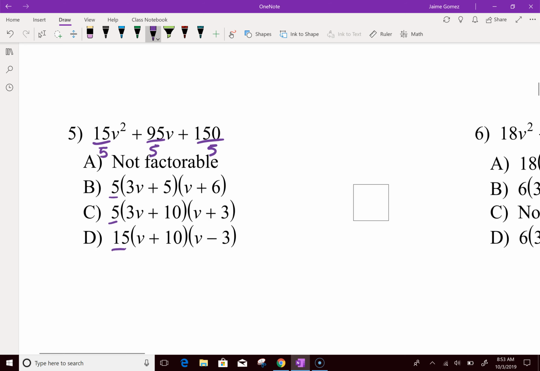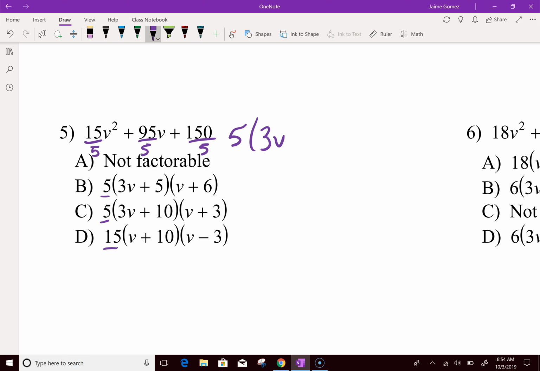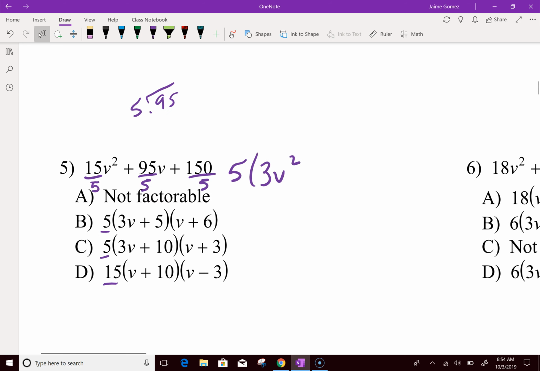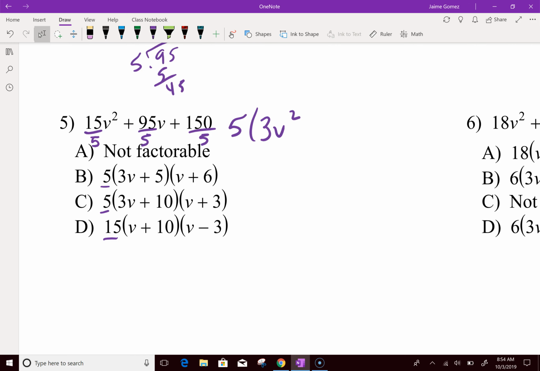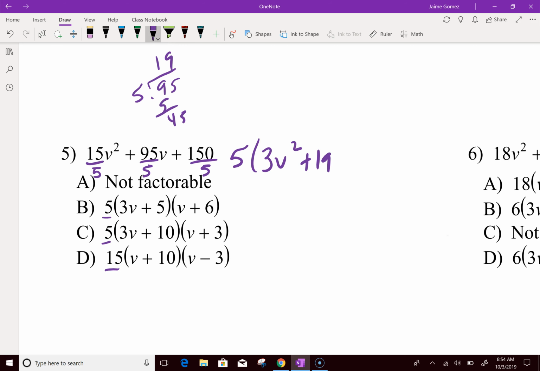If I take out a 5, that would be 3v squared. And then 95 divided by 5 is 19. So plus 19.